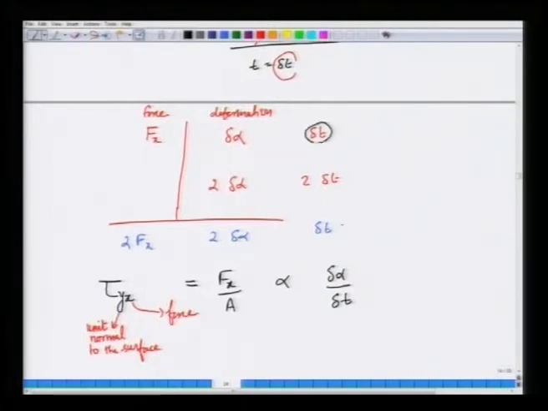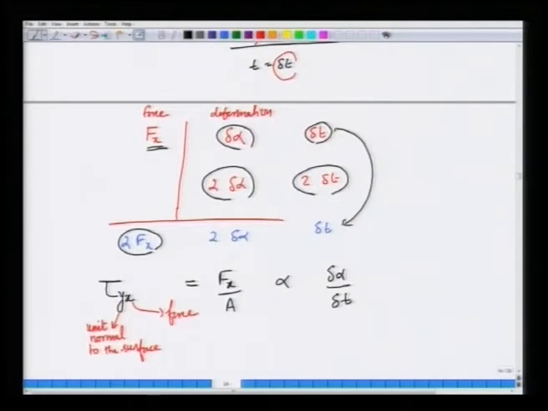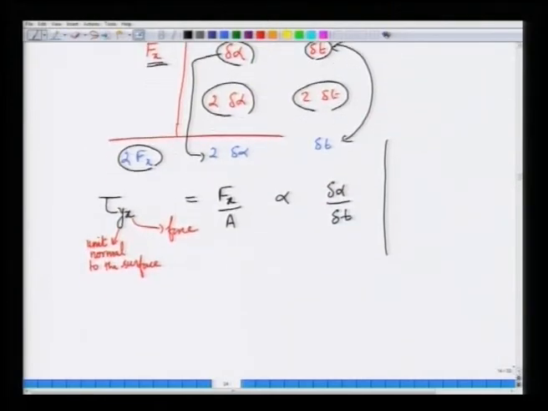If you wait for delta t for the same F x, you get delta alpha. If you wait for 2 delta t, you get 2 delta alpha, but if you double the stress for the same delta t, the deformation doubles. All this is captured by the simple hypothesis that the stress must be proportional to the rate of deformation. For example, let us say tau 1 was the stress, then delta alpha 1 was the deformation at time delta t 1.